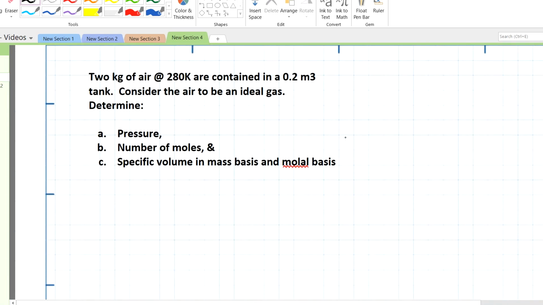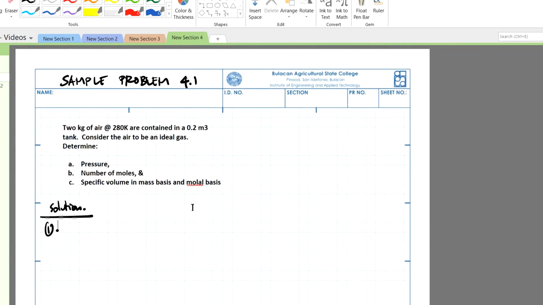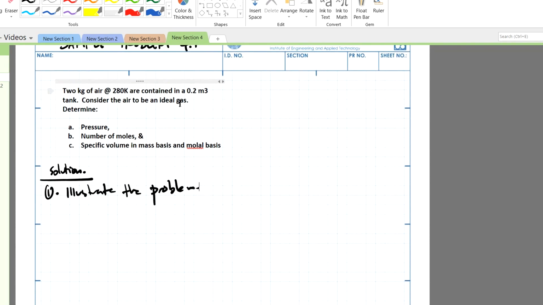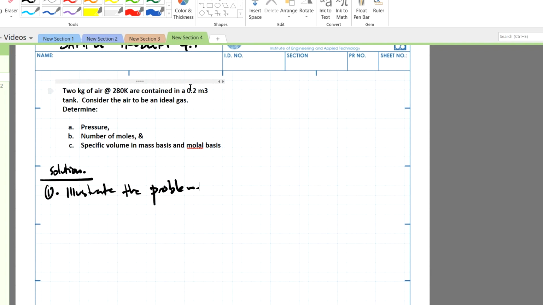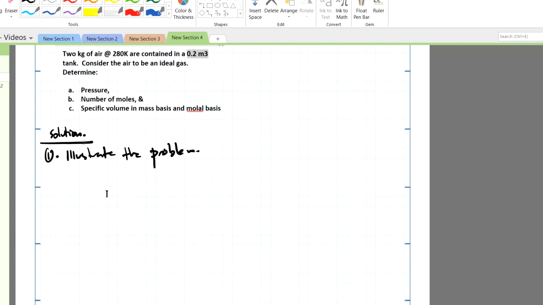Okay, so for the solution, first step, as usual, is to illustrate the problem. So we have air inside a tank, and the given here is a volume, so that means it is a solid. You can have a cylinder, cube, or whatever.